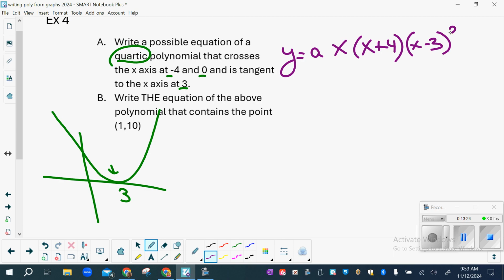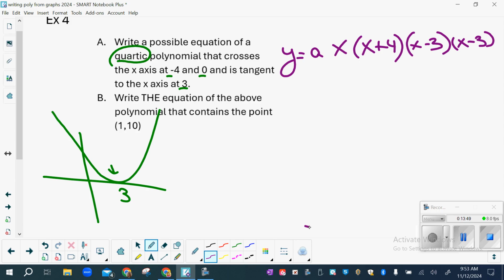You can be fancy or you can be like me, because I don't know why the squares mess me up. Either one is fine. Squared is totally cool, right? That's my possibility. Let's make sure it's got 4 X's. Quartic. 1, 2, 3, 4. Awesome. The quartic doesn't do anything. It just helps you, right?